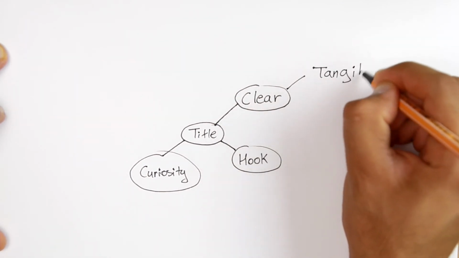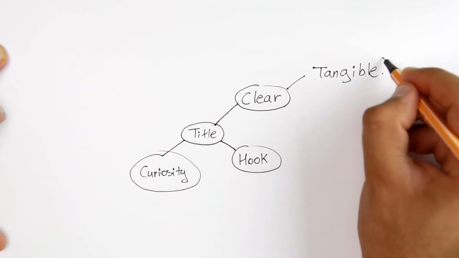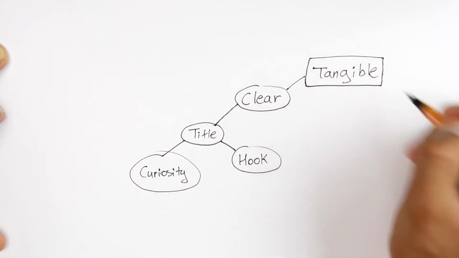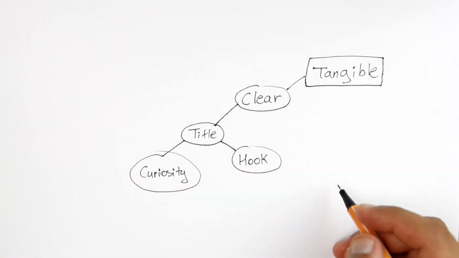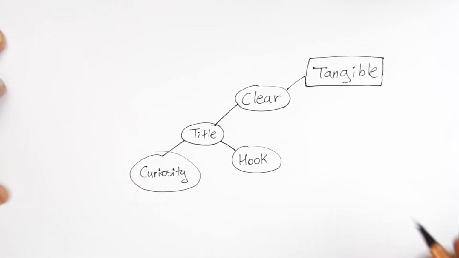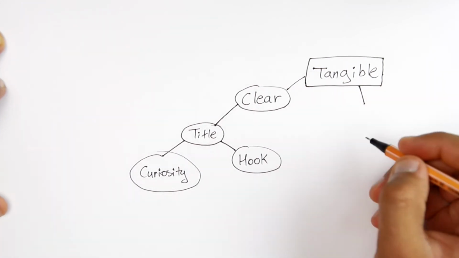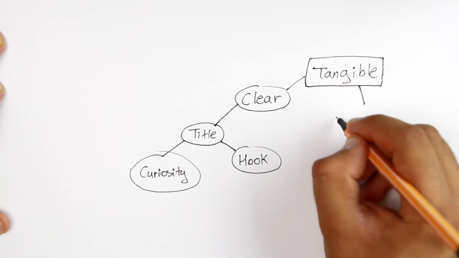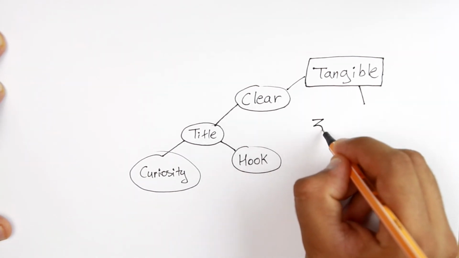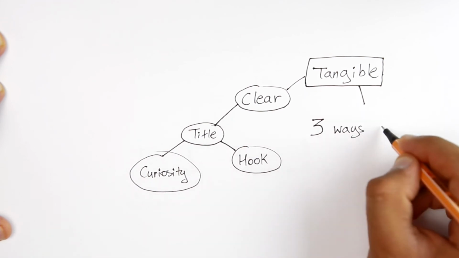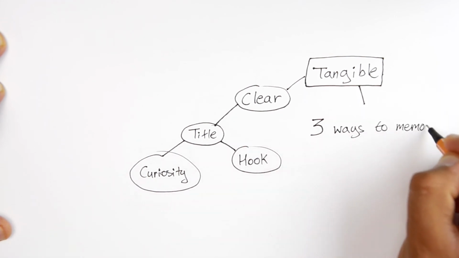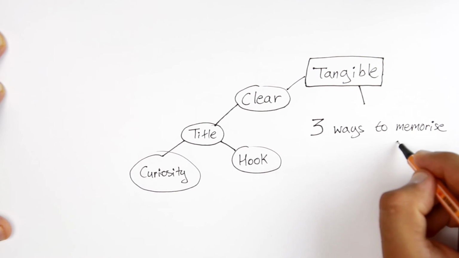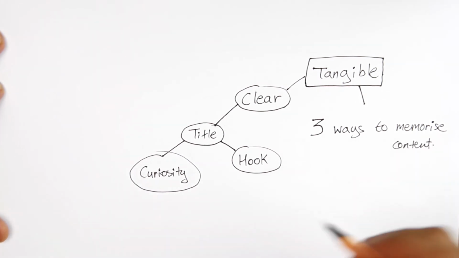Something that the audience can definitely count on their fingers and say, you know what, I can follow along with this. So for this particular speech, I will choose something like 3 ways to memorize your content. Because that is something tangible, they can follow along as I'm speaking, and they'll know where they're at.